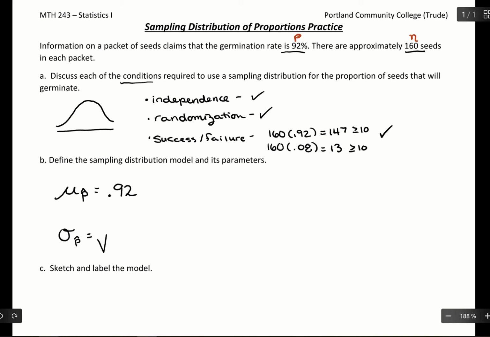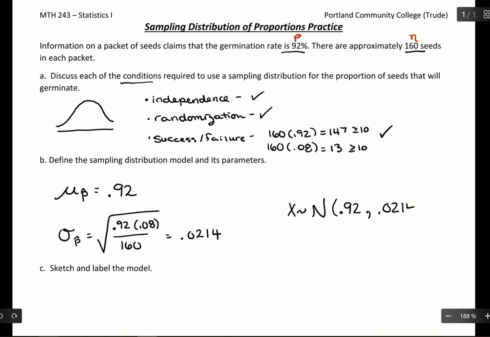For standard deviation, we take the square root of 0.92 times 0.08 over our sample size of 160. That's going to give us a standard deviation of 0.0214. So our distribution is normal since we passed those three conditions, centered at 0.92, with standard deviation 0.0214.